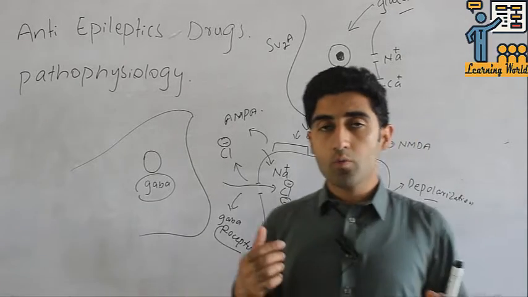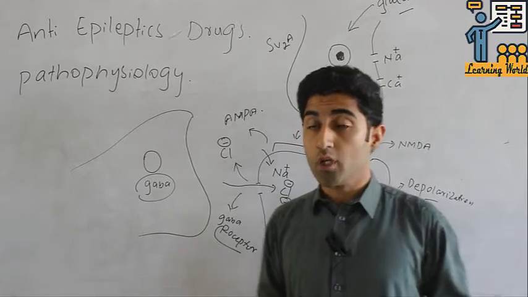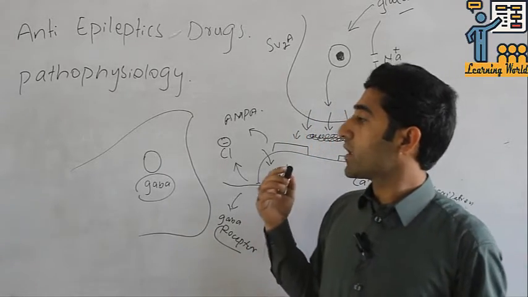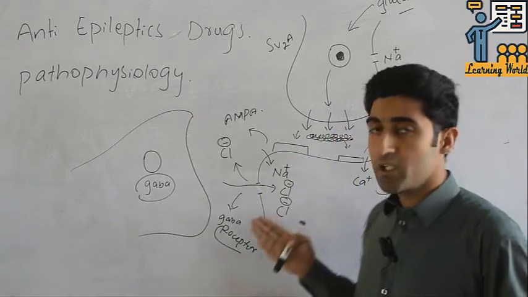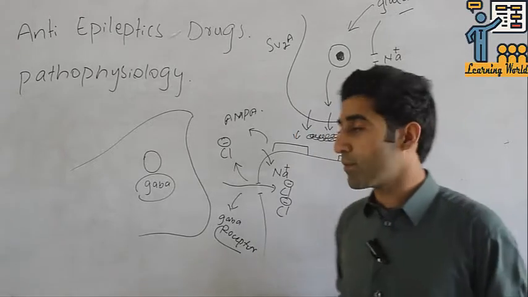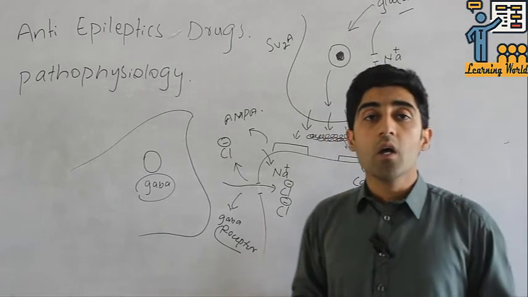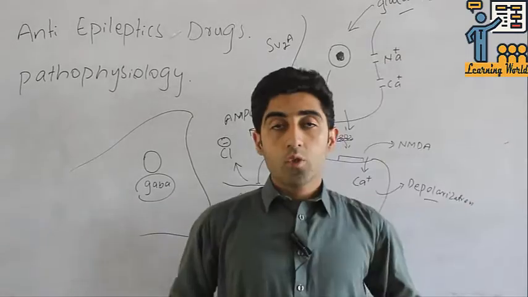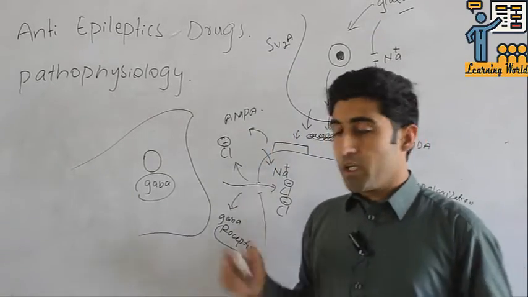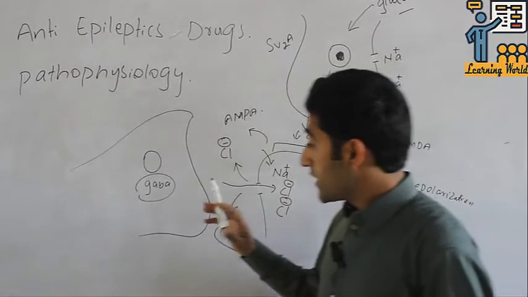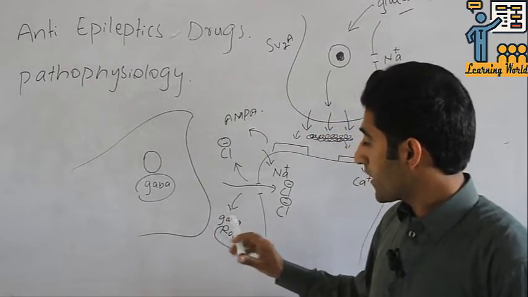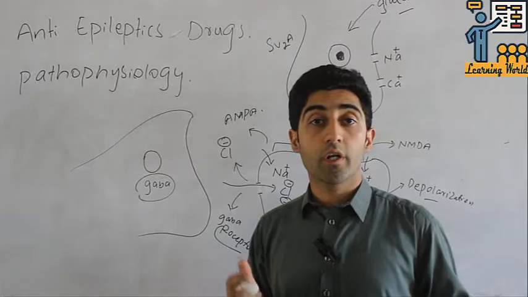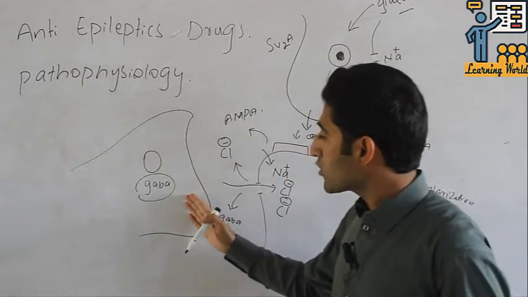Now we will talk about the pathology: what will occur when these presynaptic or postsynaptic membranes are affected, causing epilepsy. In the pathology of epilepsy, this GABA neurotransmitter will not show its action.